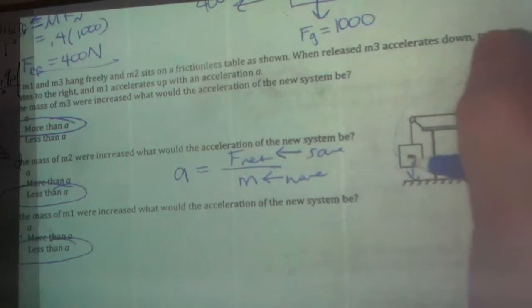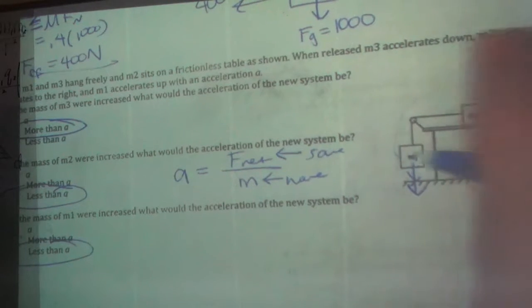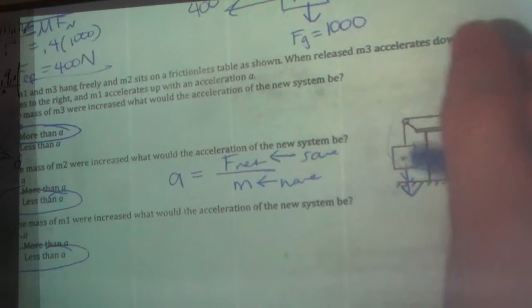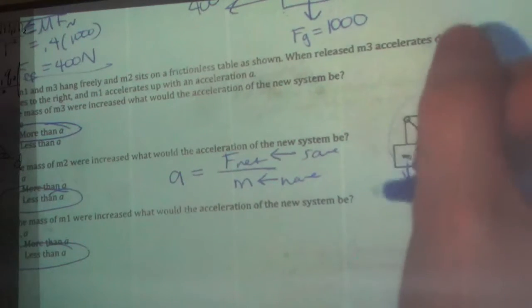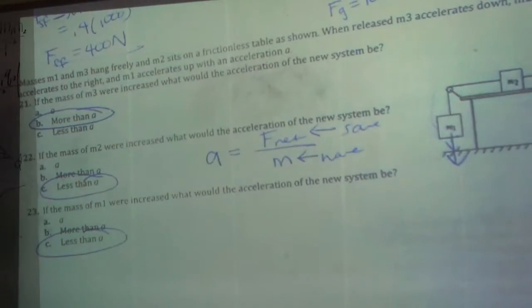So if I increase this, then I'm going against that force. I'm making a smaller net force on the system up until the point when it becomes the same mass, and then they're balanced, and if this becomes even bigger, then I'll start to accelerate the other way. But I was just thinking increase before it starts accelerating the other way, so that would be a smaller acceleration.